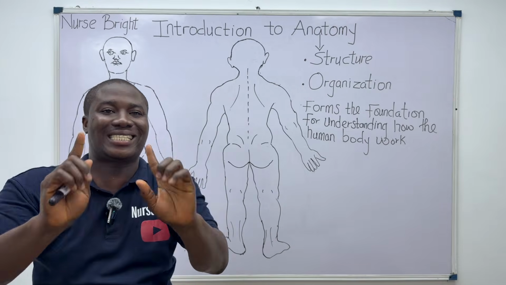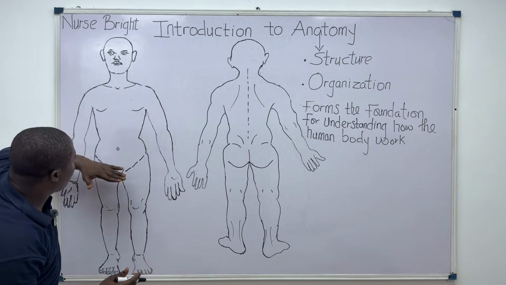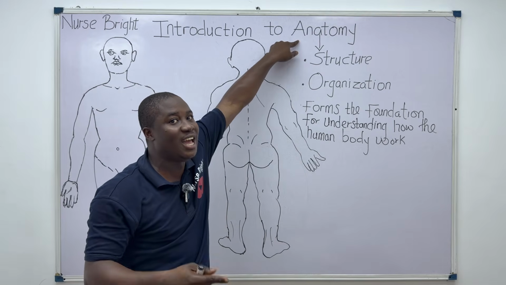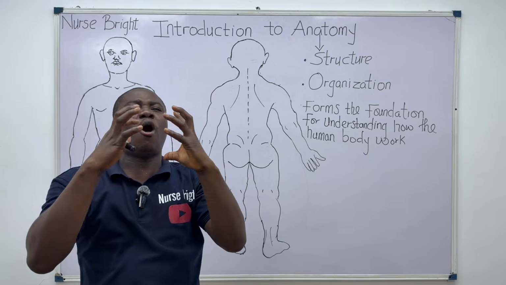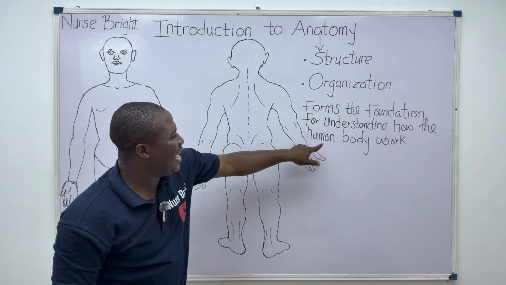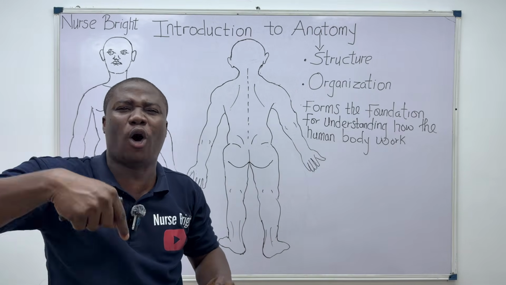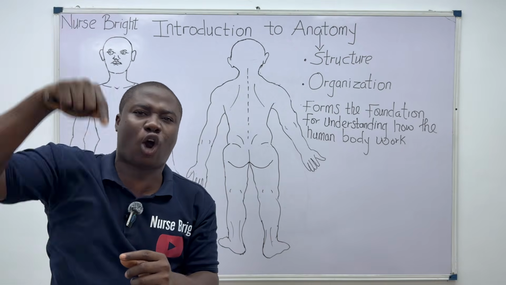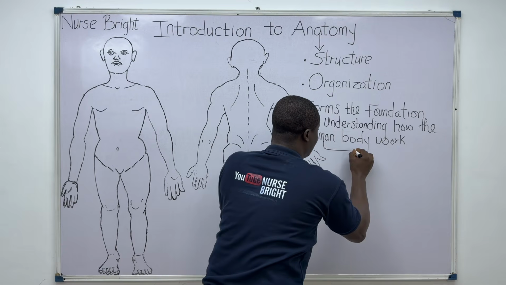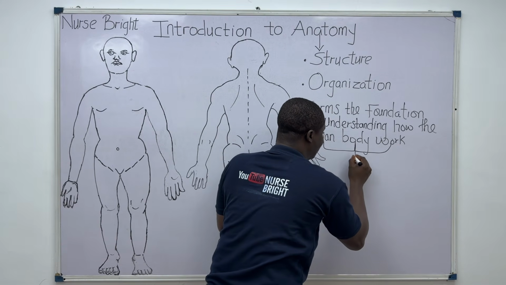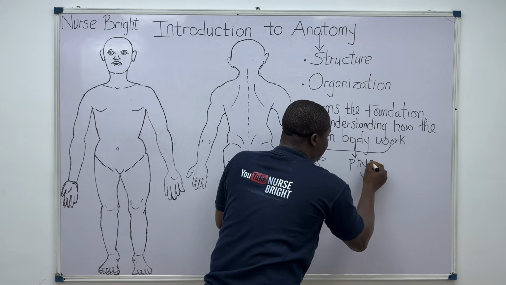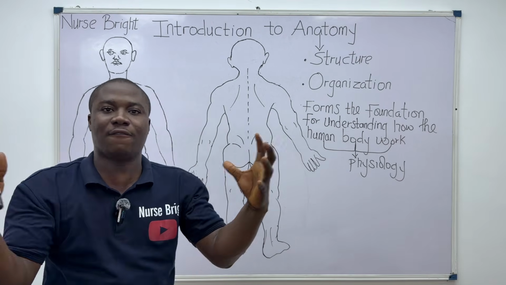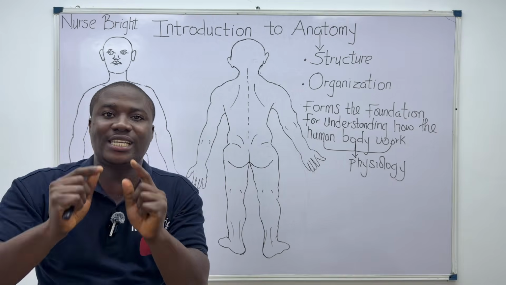But if you first understand all of the structures of the human body, which is what we study in anatomy, you'll be able to form a firm foundation in understanding how the human body works. And how the human body works is studied in the course called physiology. This must be noted.